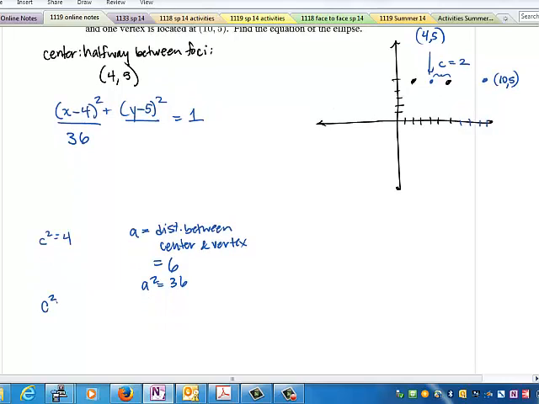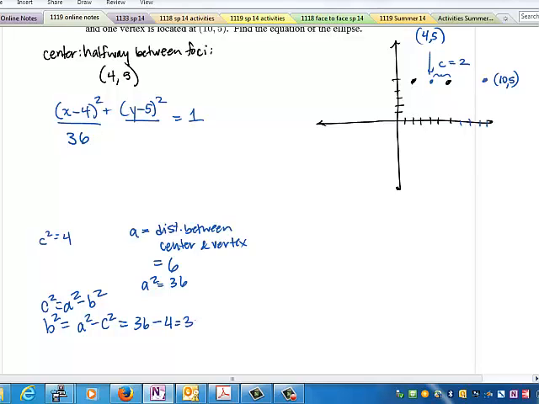And c squared is a squared minus b squared, so b squared is what we're looking for. That would be a squared minus c squared. So in this case, that's going to be 36 minus 4.